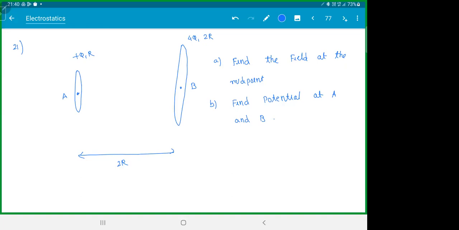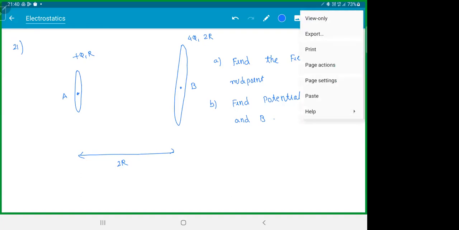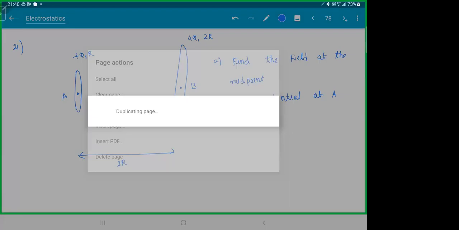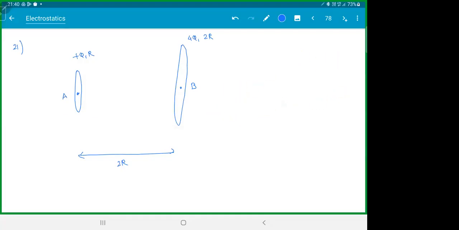See the first one. We are talking about this point, right? Let's take this as the red one, so this will be E1. The formula is K, Q, distance is R, by (R square plus R square) whole power 3 by 2.